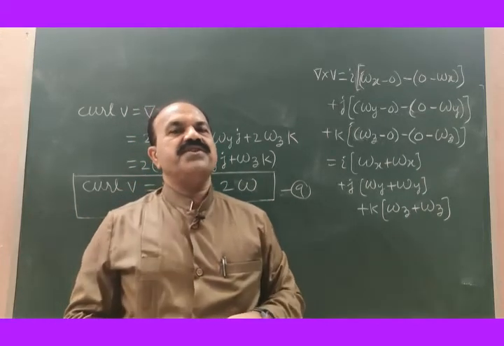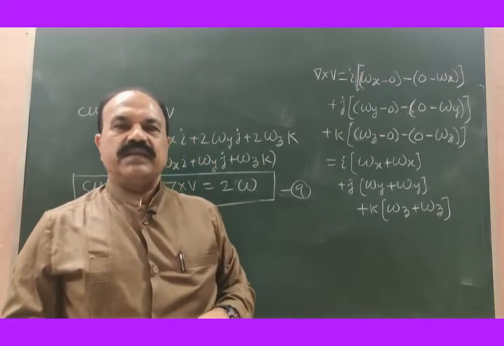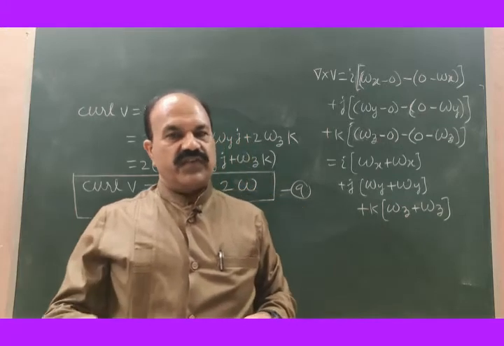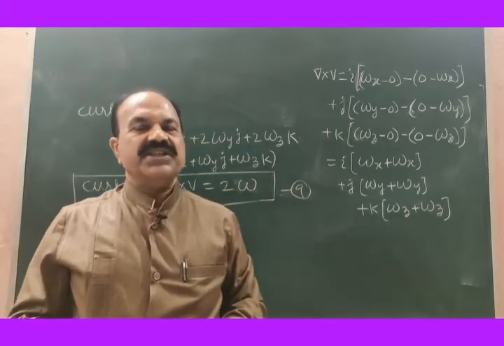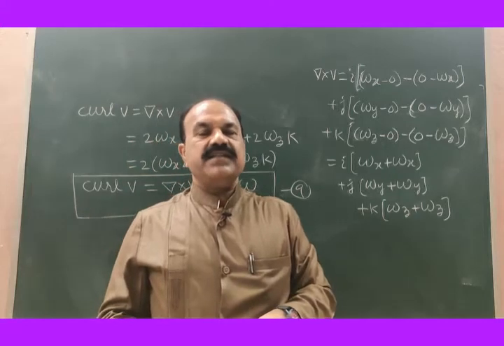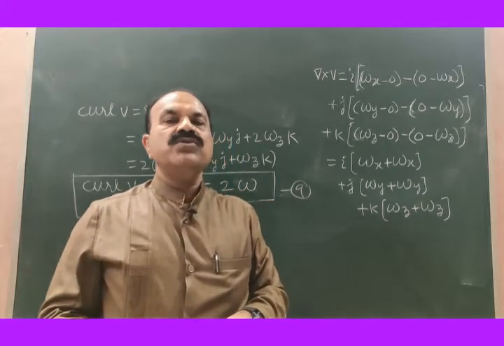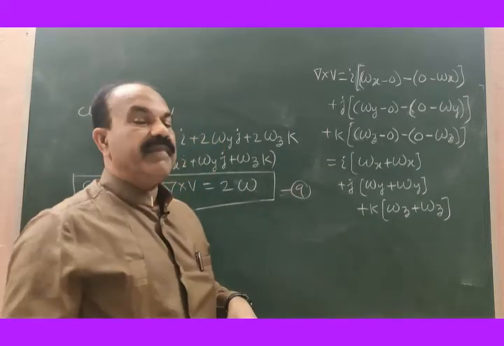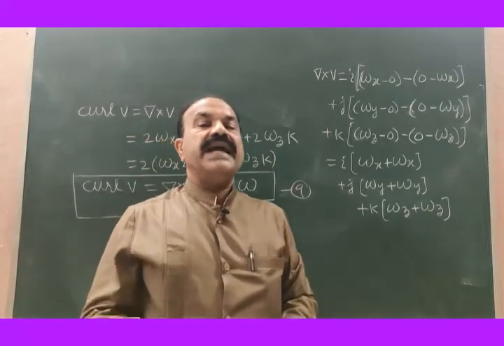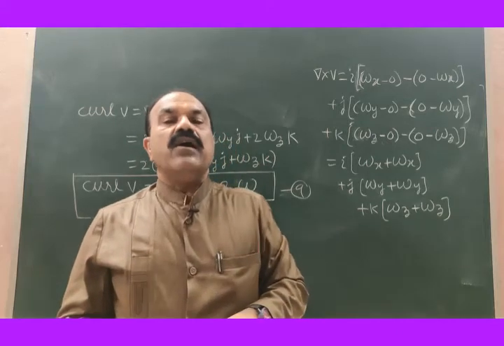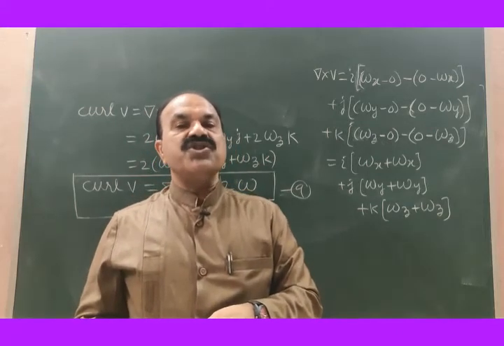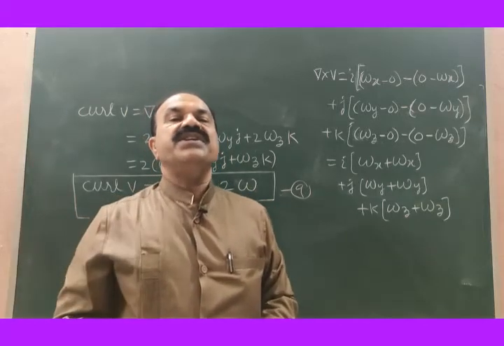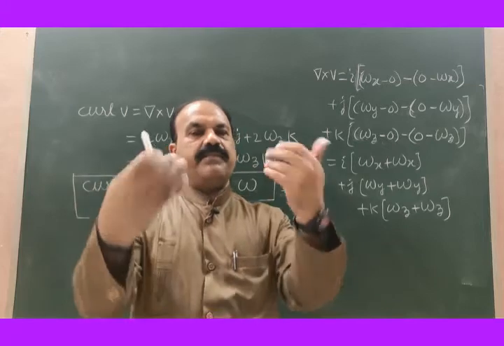We can have one definition for curl of a vector. Curl of a vector point function in a vector field in a space is defined as the maximum amount of line integral of the vector point function per unit area at the point under consideration. I shall repeat the definition.